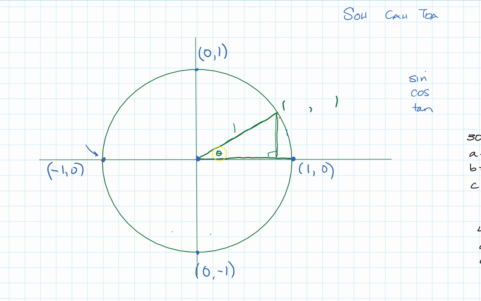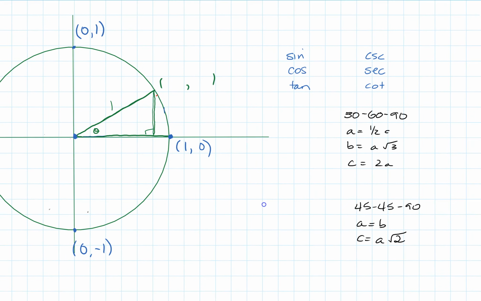Now, if this is 30, it will obey this code of the 30, 60, 90. If the hypotenuse is 1, then the side that is across from the 30 has to be 1/2. So this has to be 1/2, right?